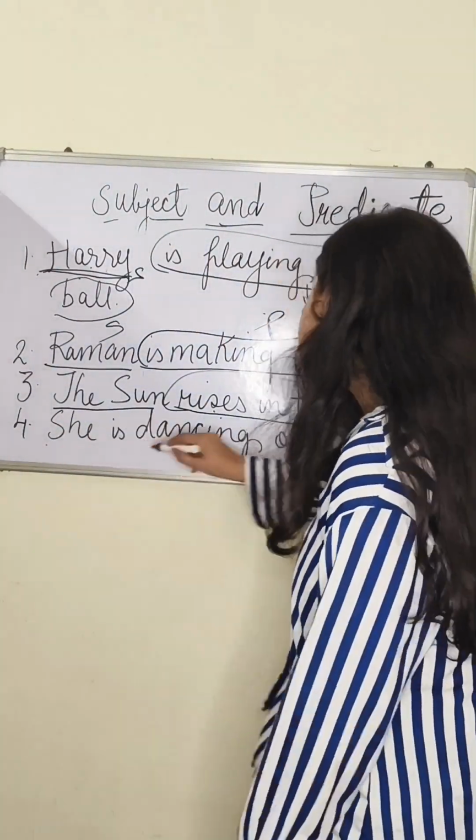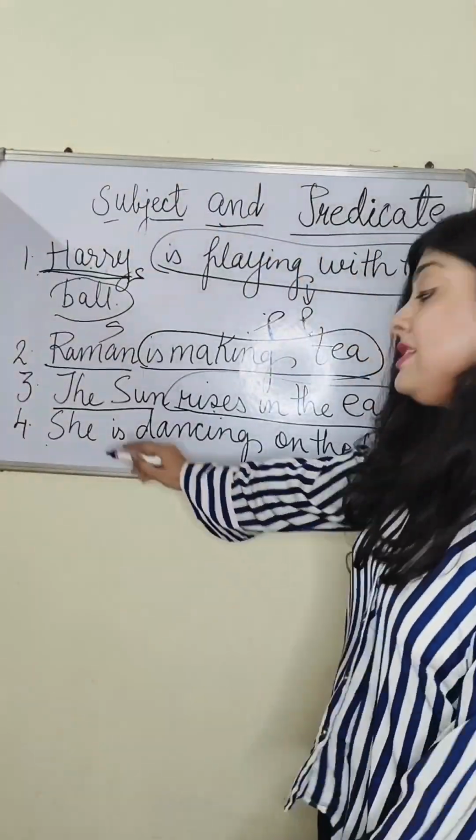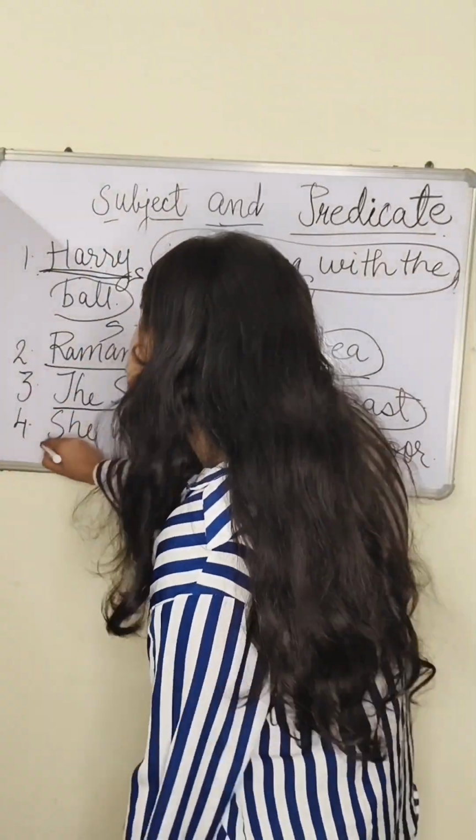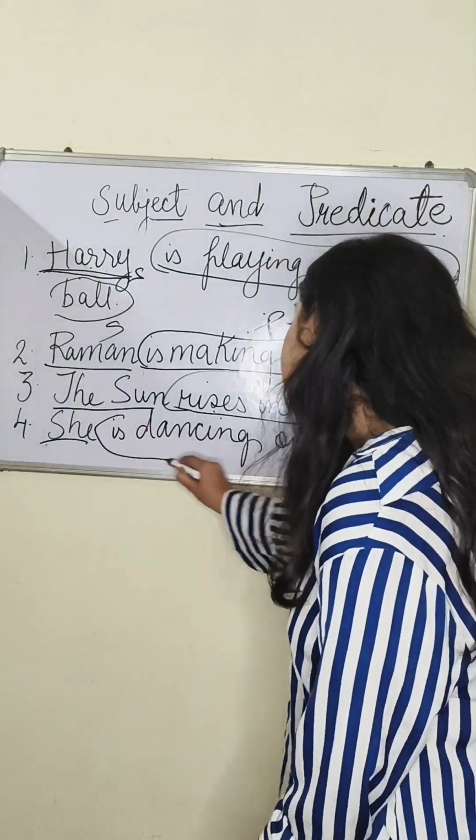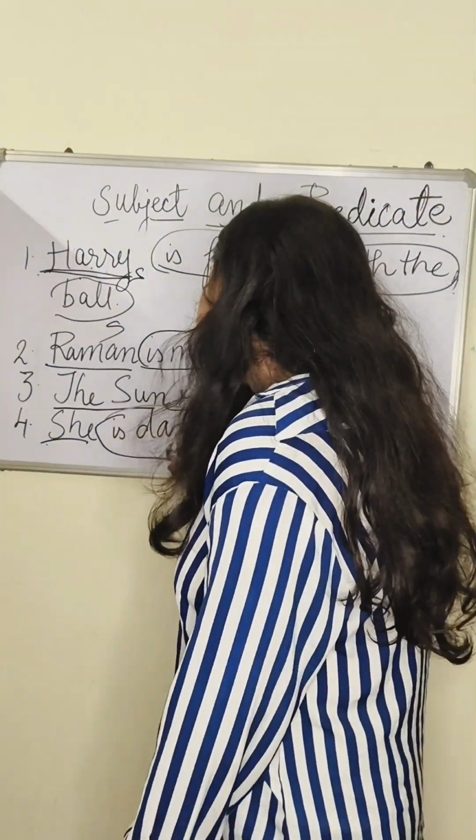Next sentence is, she is dancing on the floor. Who is dancing? Who is the doer? Who is doing the action? The girl, am I right? Okay, she. So she is the subject here. What is she doing? She is dancing on the floor. So whatever the doer is doing, that would be the predicate.